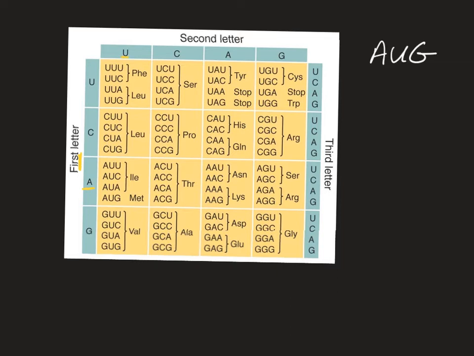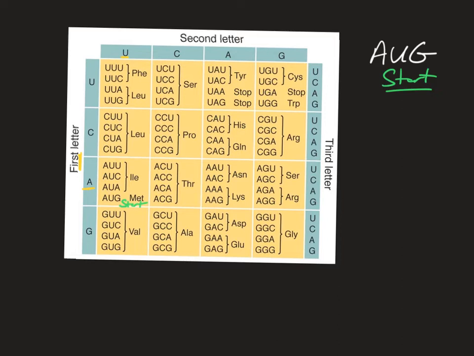U. So A and U is in this column, in this row, found in this box somewhere. And what's AUG? It's methionine, MET, also known as, let's be clear, start. Are we good? All right.